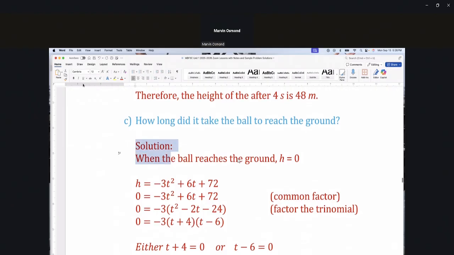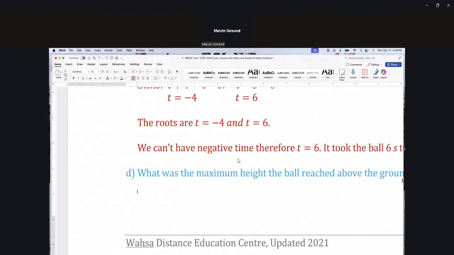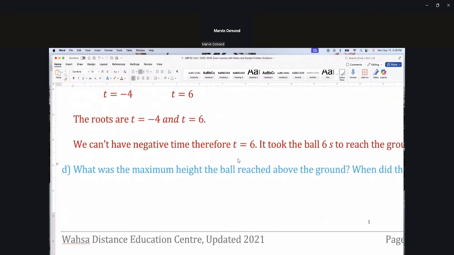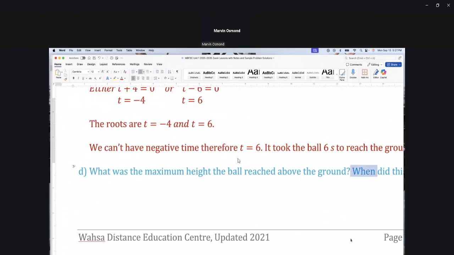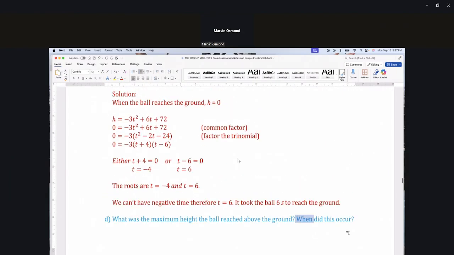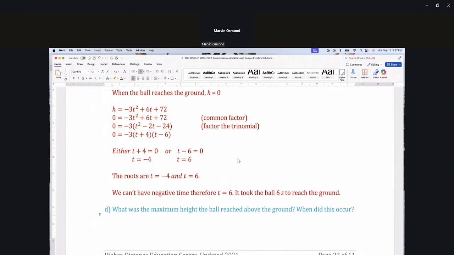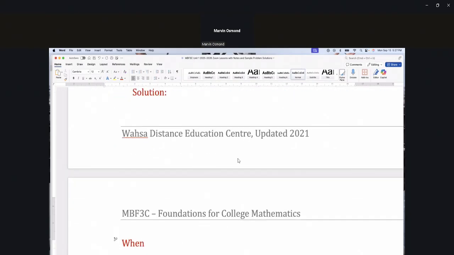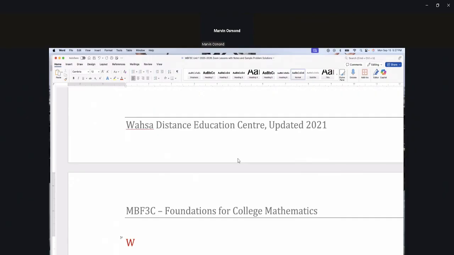So let's do this. And we'll just state that down here as well. Solution: we will get this information from the graph.